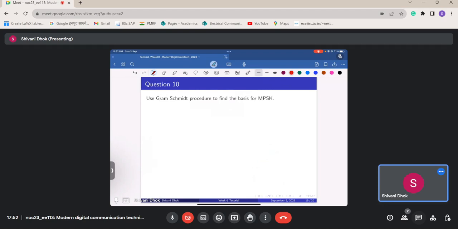So for MPSK, what we have is s_m(t). So for MPSK, s_m(t) is equal to g(t) cos θ_m cos 2πf_ct minus g(t) sin θ_m sin 2πf_ct.